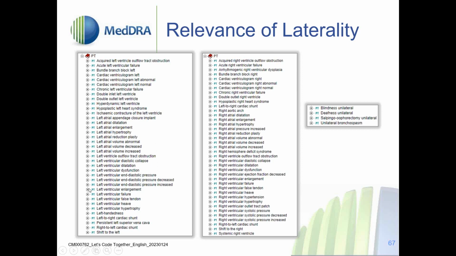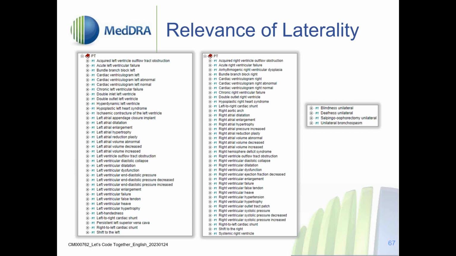So these are all cardiac conditions. And of course here it's really important to capture the laterality information, because whenever something is distinguished on PT level, then it's really medically relevant to make this distinction.